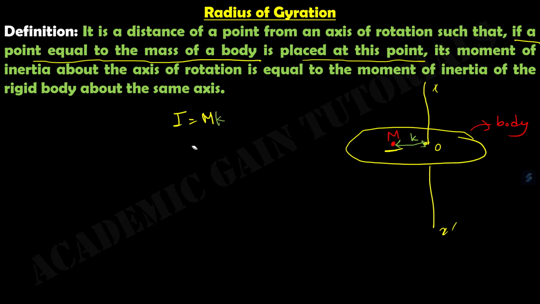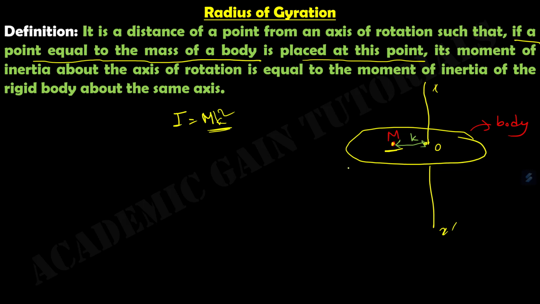So we can write this as m k square, and it says that this m k square, the moment of inertia of the point, is equal to the moment of inertia of the whole body.